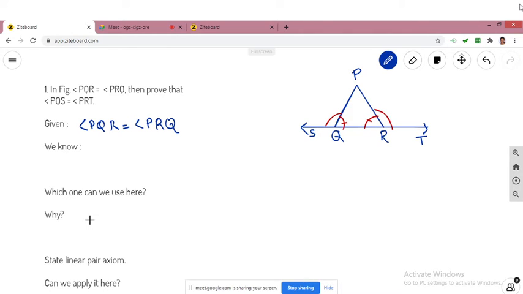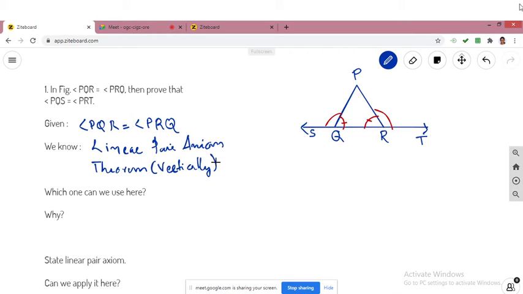Now, what are the things we have learned till now? Linear pair axiom, ma'am. Then now we have proved a theorem also. Vertically opposite angles are equal, ma'am. Yeah, that theorem, vertically opposite angles. So, which one can we use here? Linear pair axiom, ma'am.